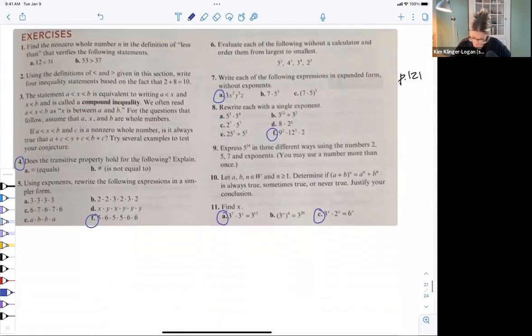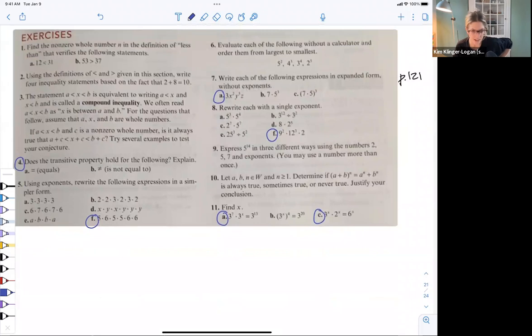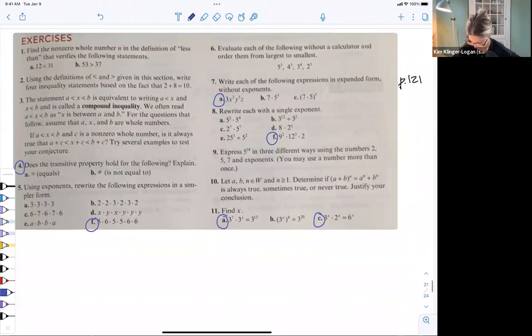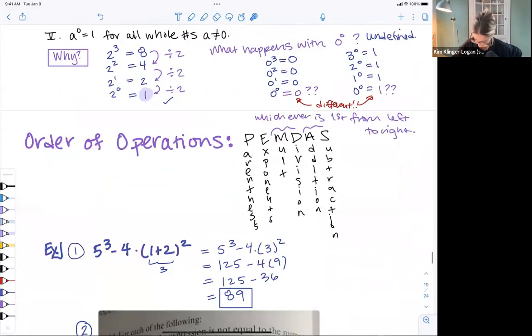Okay, great. A couple other examples that I thought we could end off with just to solidify some of the concepts we learned. This question number 4 here is on page 121. It asks us about the transitivity property, the property that held for the inequality.